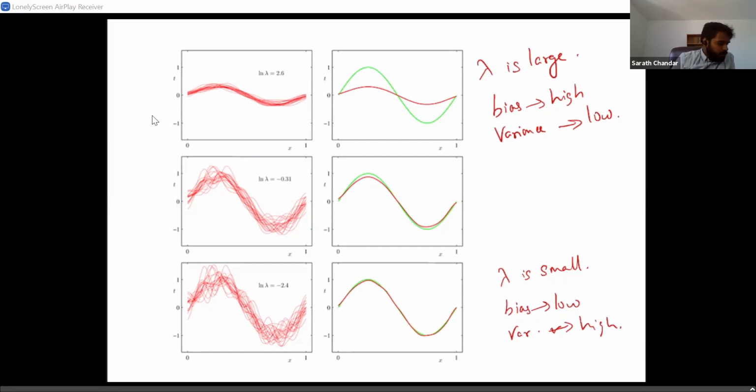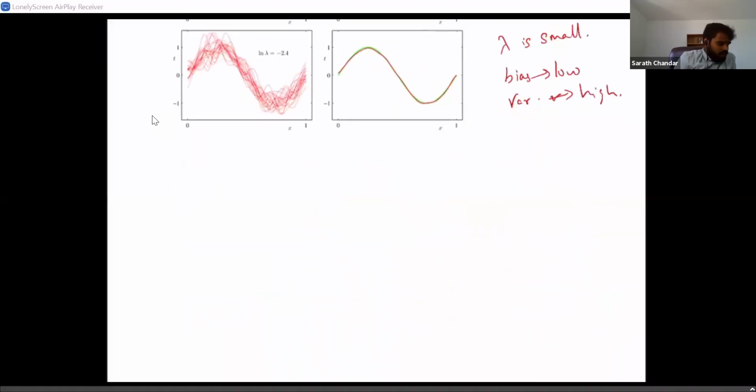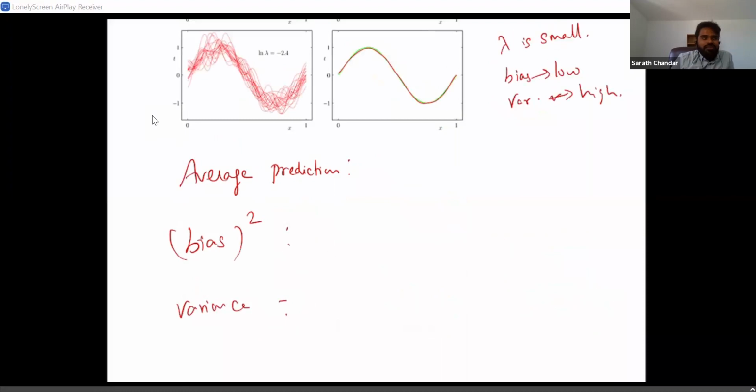In this case, we can actually compute the average prediction, the bias, and the variance for this specific regression example, simply because we have access to the true function for the synthetic data set.